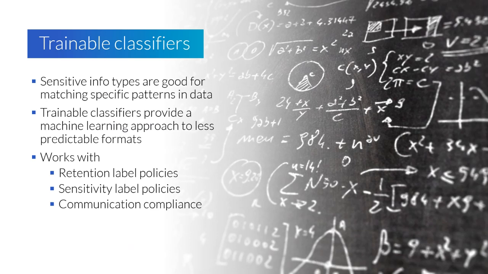It's not necessarily going to be something that you can match very easily with sensitive information types or regular expressions. It can take a whole range of different formats. So trainable classifiers instead take a machine learning approach, and we can use these trainable classifiers with retention label policies, with sensitivity label policies, and with other things as well, such as communication compliance.